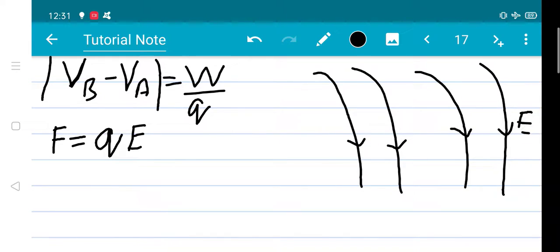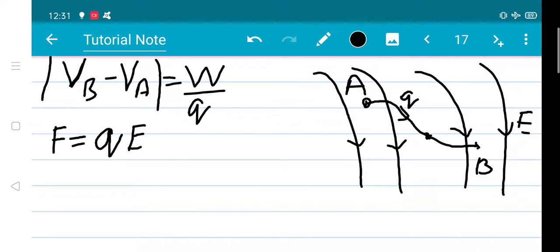electric field. Let there be two points A and B inside this electric field, and a charge Q is taken from A to B. Then at any point on this path, which can be a curved line or a straight line, it does not make any difference because the work done by a conservative force does not depend upon the path.